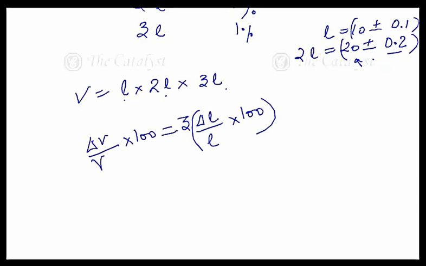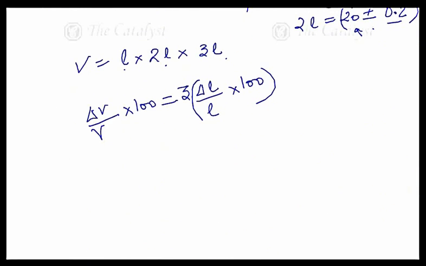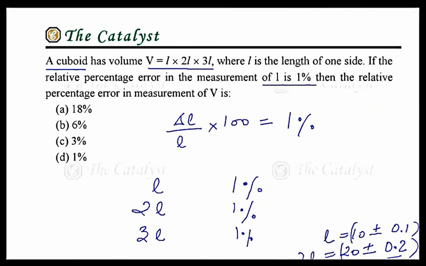It will become 3 times, right? So this is 3 into 1%, therefore the answer is 3%. That is, the error in volume will be 3%, right? Are you getting? Now let us move on to second problem.